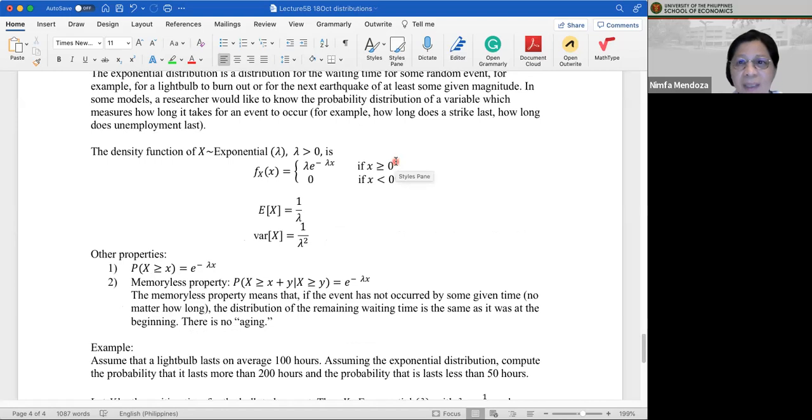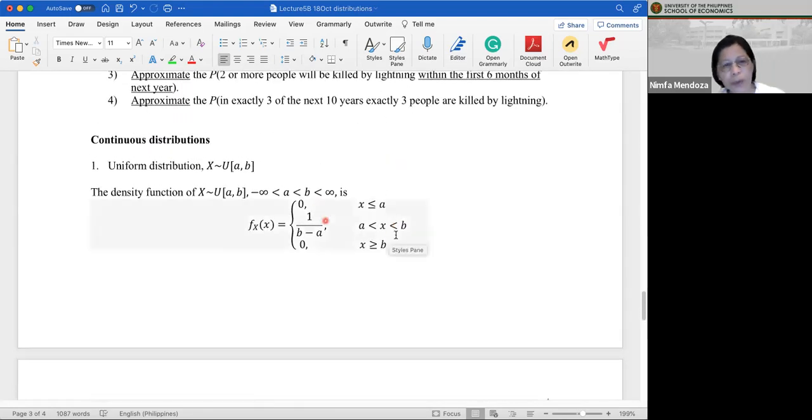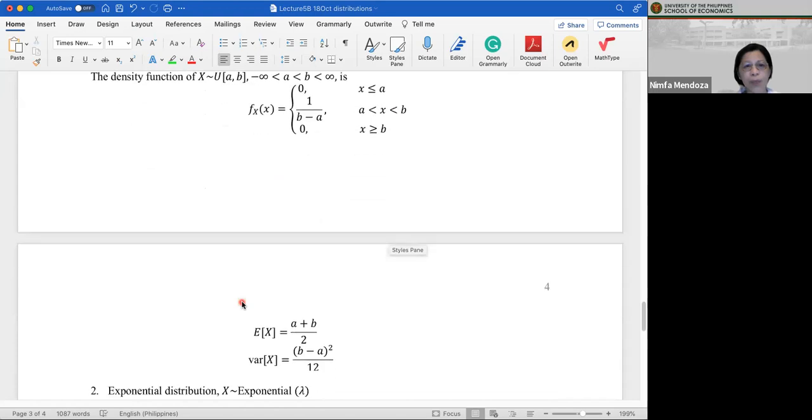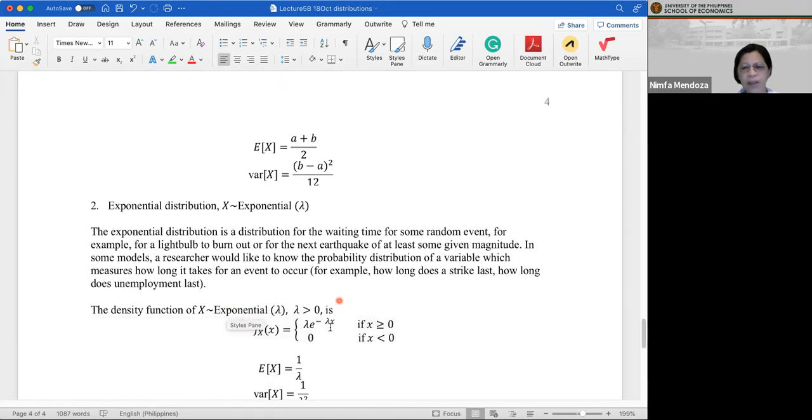Okay, so these are just some examples of continuous distributions. We have the uniform distribution and the exponential distribution. You would see this functional form quite often in exams and exercises. Any questions?